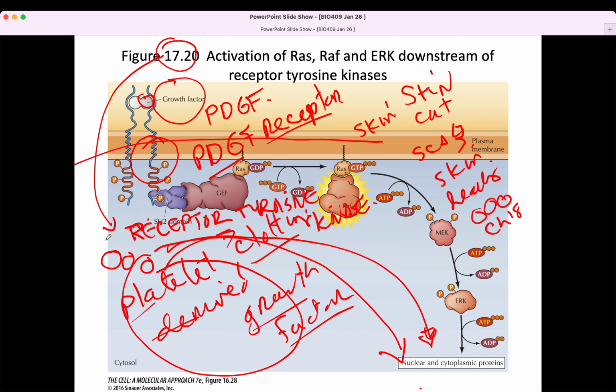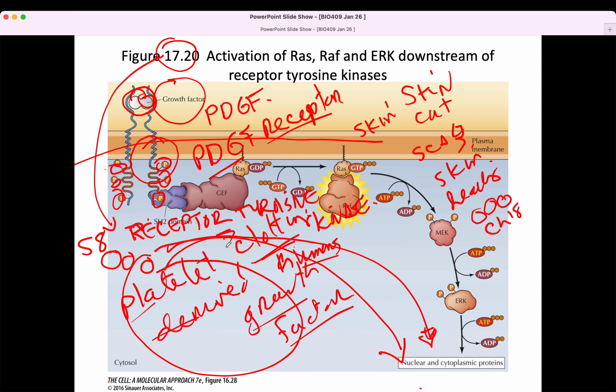And when it gets activated, it adds phosphates to itself. And we'll learn about that. And they think there are 58 receptor tyrosine kinases in humans. One of them is the PDGF receptor. Okay? We're going to learn about them because quite a few of the receptor tyrosine kinases are growth factors.